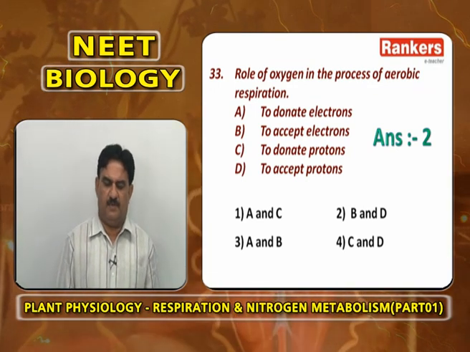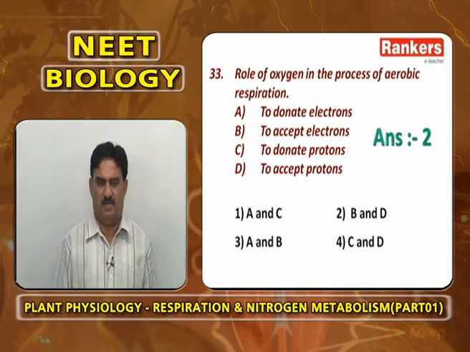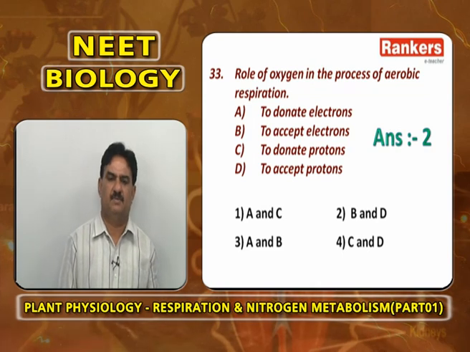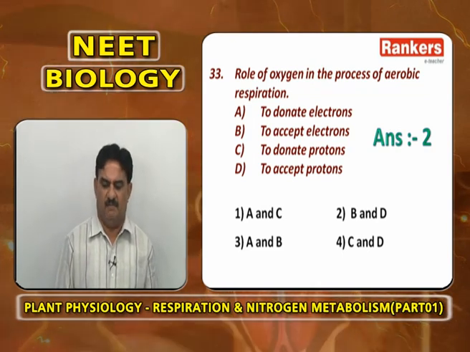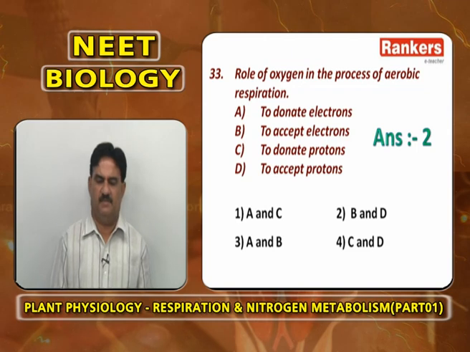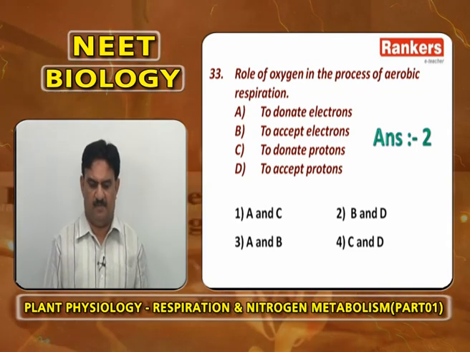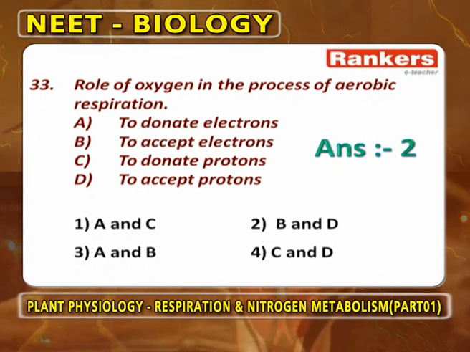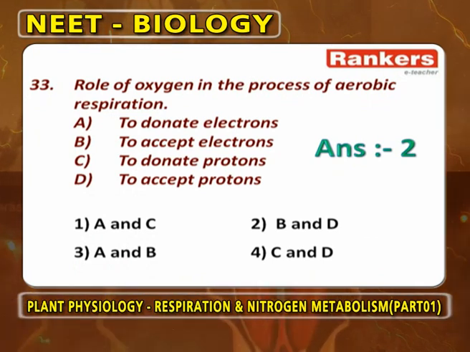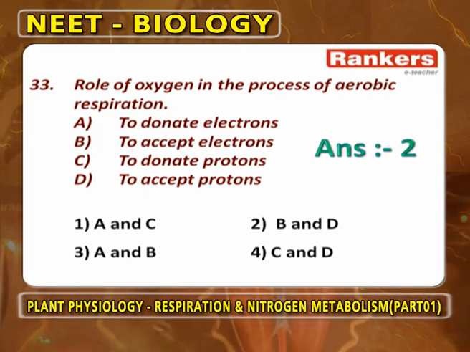To donate protons, wrong. To accept protons is correct. By taking 2 electrons from complex 4 and 2 protons from the process, water is produced. So to donate electrons is wrong; to accept electrons and to accept protons is correct. So the answer is B and D.